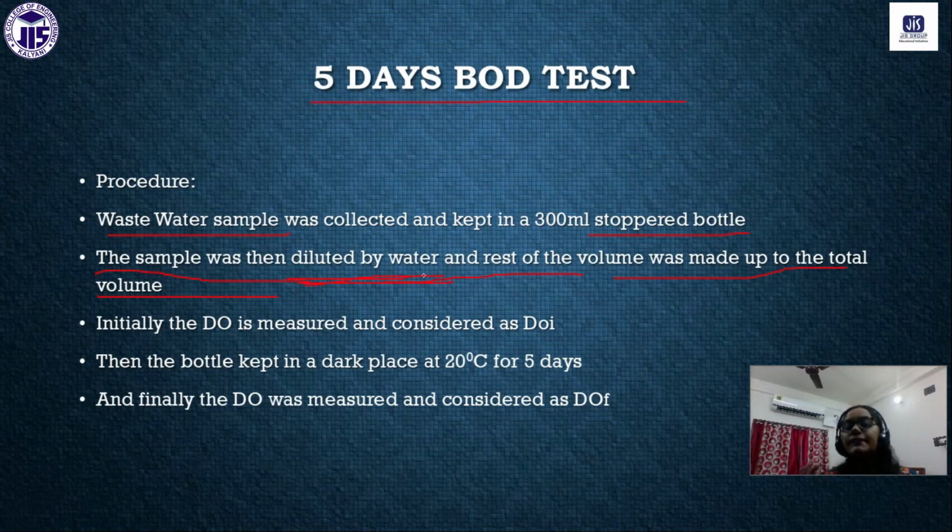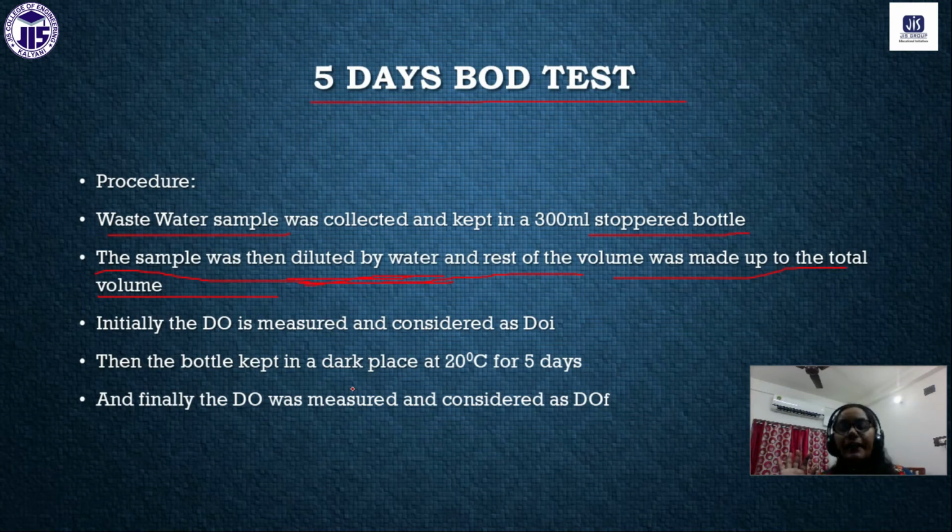Now, what is the requirement for the dilution? Because if we use the concentrated wastewater sample, what will happen? We require so much oxygen, like 100 milligram per liter, but we don't have that much oxygen in our water.